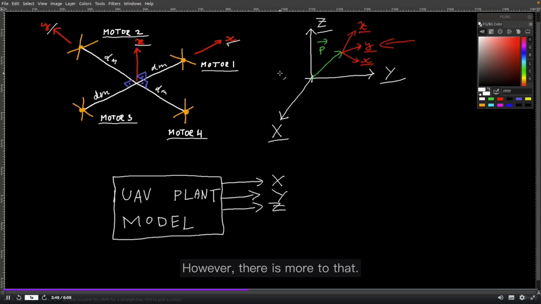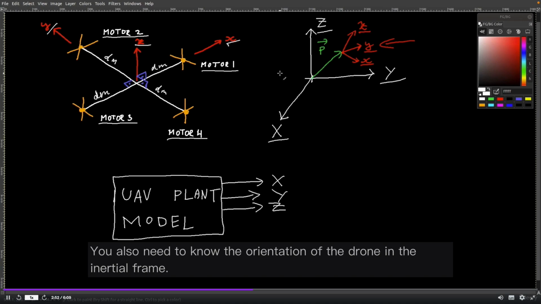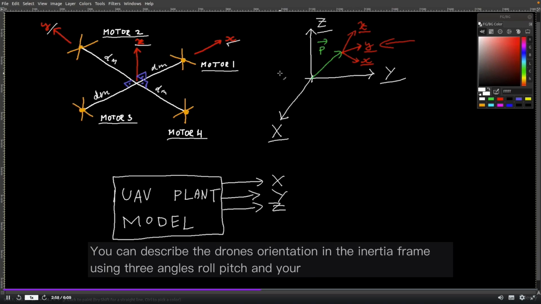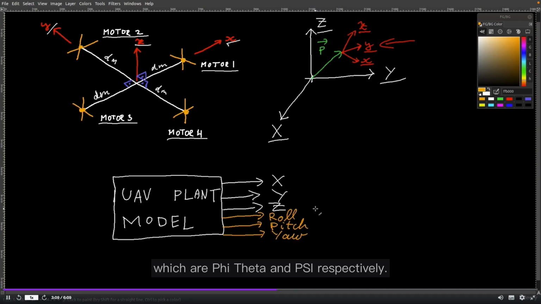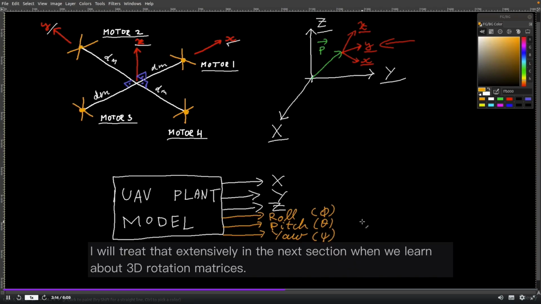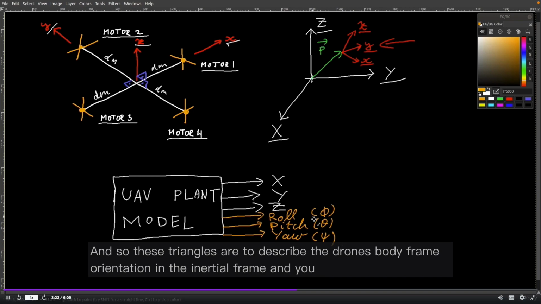However, there is more to that. You also need to know the orientation of the drone in the inertial frame. You can describe the drone's orientation in the inertia frame using 3 angles: roll, pitch, and yaw, which are phi, theta, and psi respectively. I will treat that extensively in the next section when we learn about 3D rotation matrices. These 3 angles describe the drone's body frame orientation in the inertial frame.